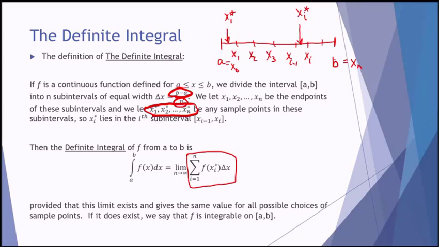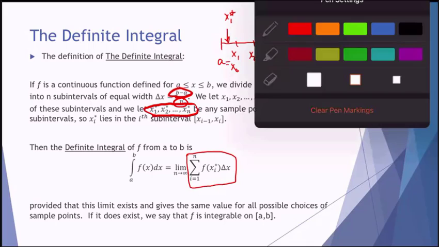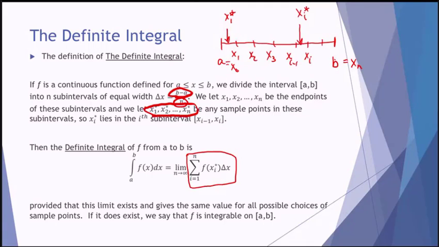Without the limit, that is an estimation of area under a curve if you happen to be looking at a graph. We'll also talk about other applications for it. With the limit in front, the right-hand side now would represent the exact area under a curve if you're discussing a graph.